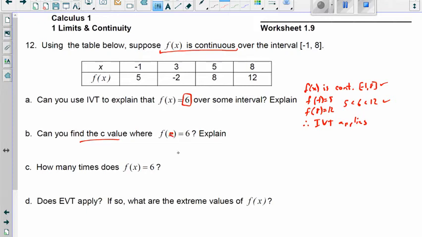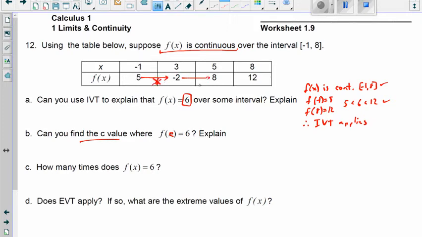So as we look at this, we could narrow this down a little bit more. They didn't specifically ask, but where is that 6 going to happen? Well, somewhere between the 5 and the 12, we already said, between the beginning and end, but we can narrow it down. In fact, if we go from 5 to negative 2, is there a 6 in there? Doesn't have to be. That's not where it is.